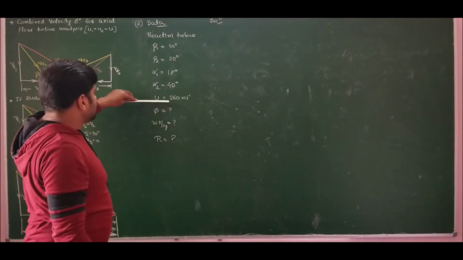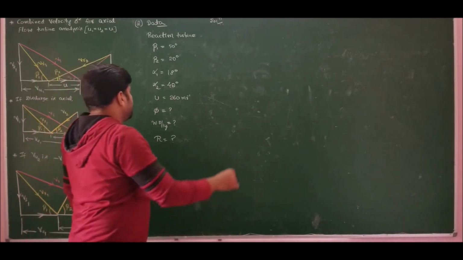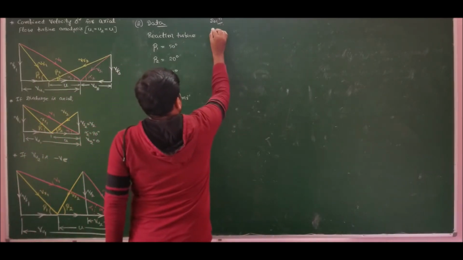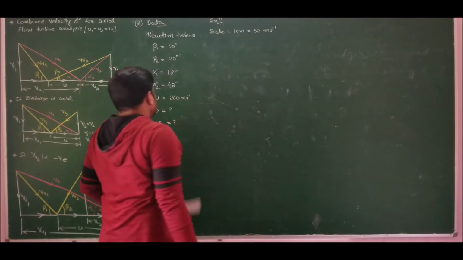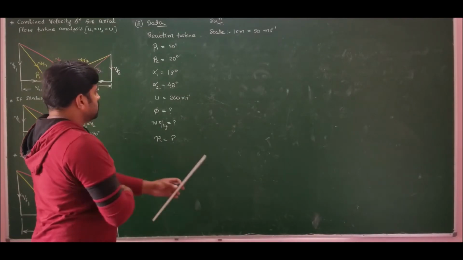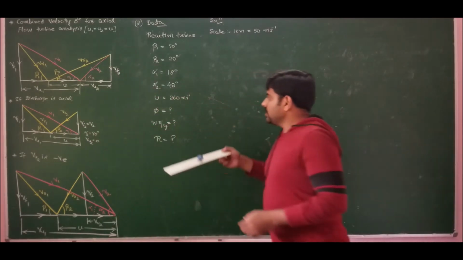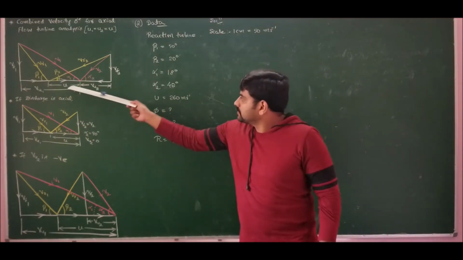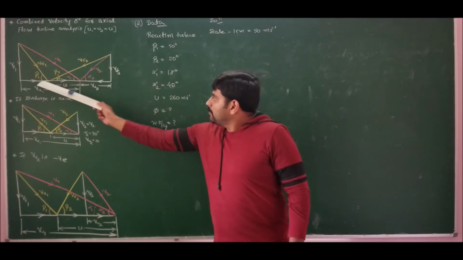We have only one velocity known, that is 260 meters per second. If I take 1 centimeter equal to 50 meters per second, then 260 meters per second will become 5.2 centimeters.